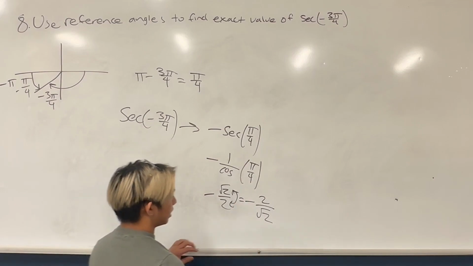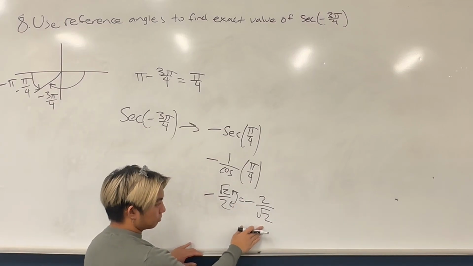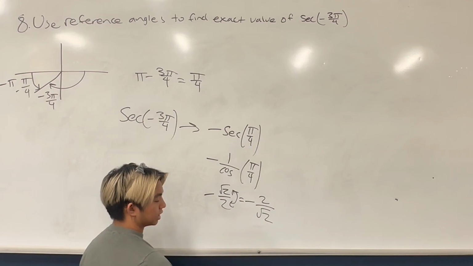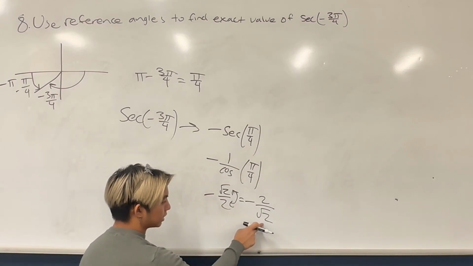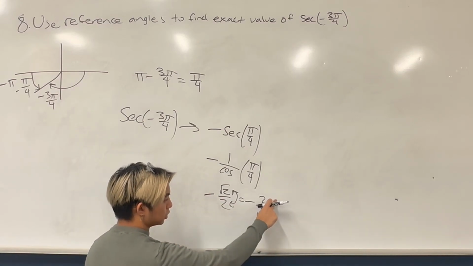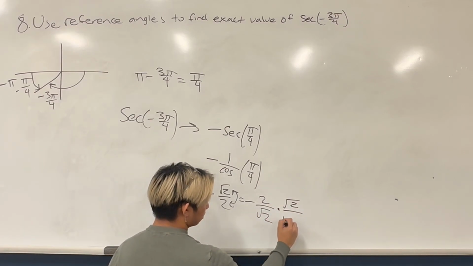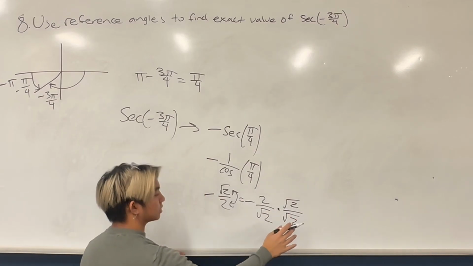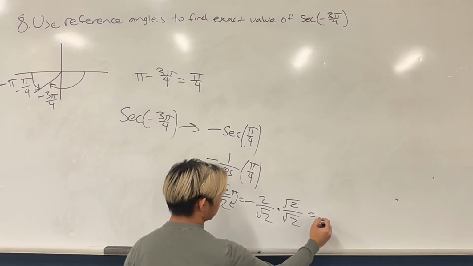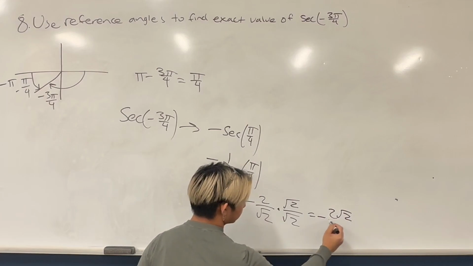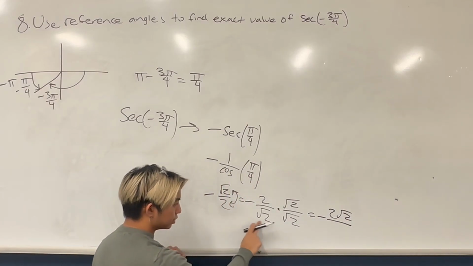But we have a radical in the bottom, so we can't do that. So we do this thing called rationalize. Basically, we multiply the top and bottom by square root 2 over square root 2. So now we're left with negative 2 square root 2 over radical 2 times radical 2.